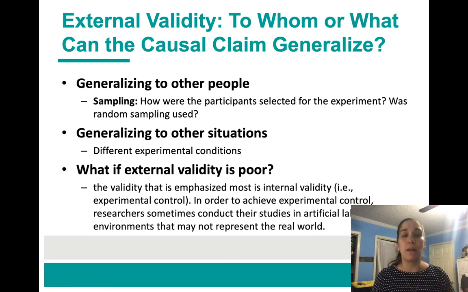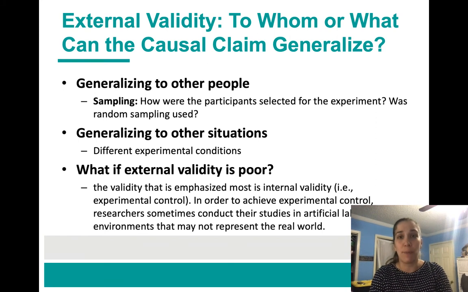So if you're trying to make a claim about being with people makes you like chocolate more, well, is that generalizable to all populations or just to the college students that you tested, right? So external validity is really a problem in the field sometimes because we tend to collect data from college-age students, right?